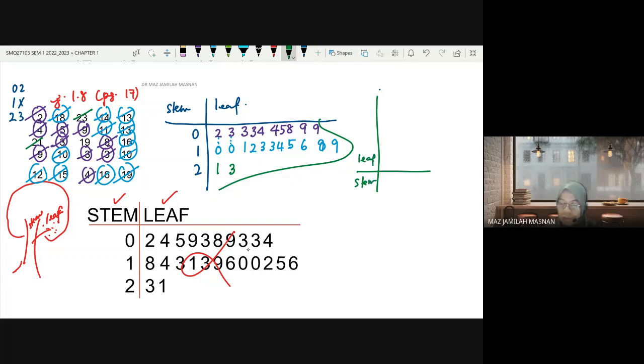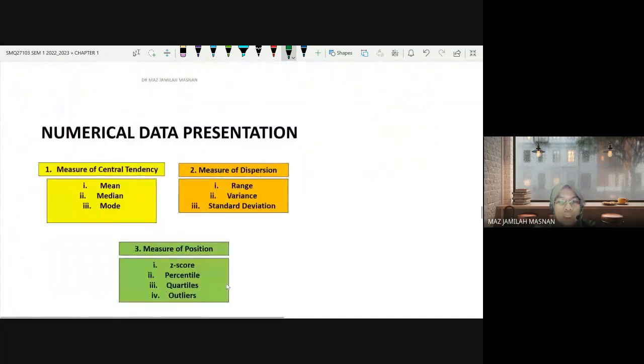So you will see it will be somewhat here. Okay, so you have 0, 1, 2. So you have 2, 3, blah, blah, blah until 9. And then you have 0, 0 until 9. And then you have 1, 3. So you can use stem and leaf also to identify the distribution of your data.